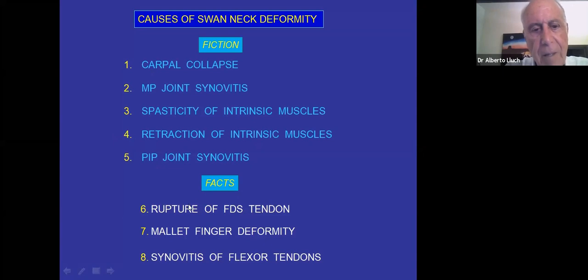In fact, rupture of the flexor digitorum superficialis will contribute, but will not in itself cause a swan neck. Mallet finger deformity will also contribute, but will not cause a swan neck deformity. And finally, the only cause of a swan neck deformity, from my point of view, is the synovitis of the flexor tendons in the finger.